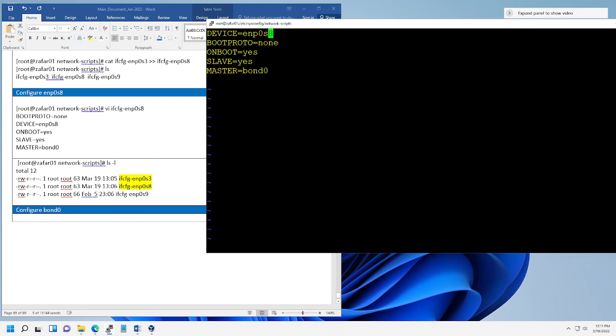Okay, so the very first thing is device. I'm going to give it a name, bond0. And now there is a type. This is going to be bond. Okay, that means it's bonding. And I need on boot, yes. Boot protocol, I need static.